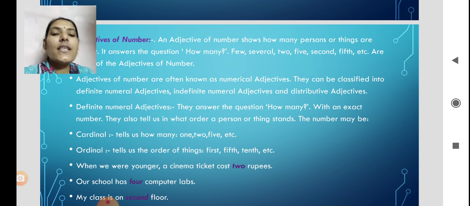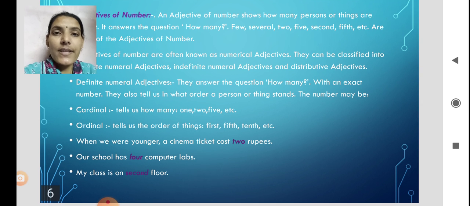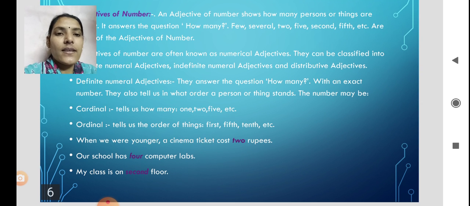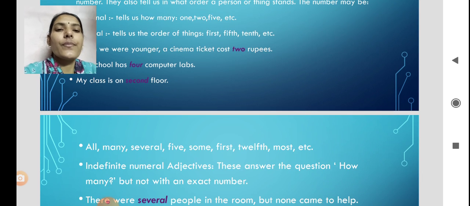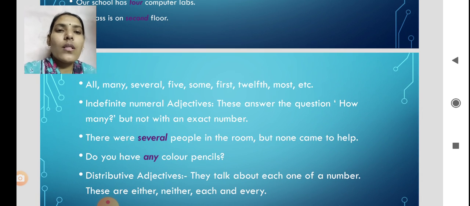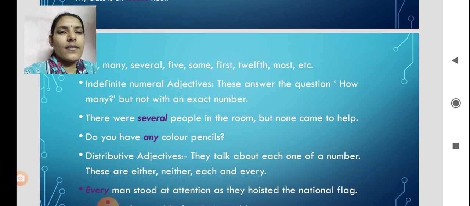My class is on the second floor. Second is an ordinal number. All, many, several, 5, some, first, 12th, most, etc.